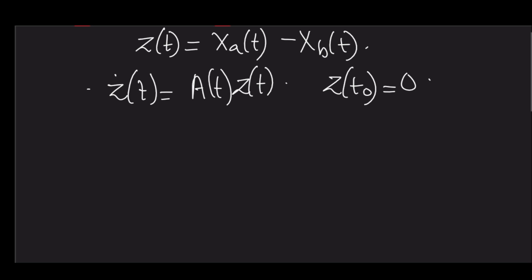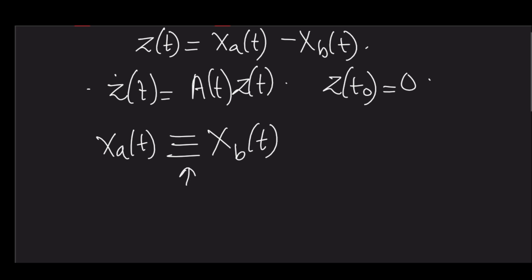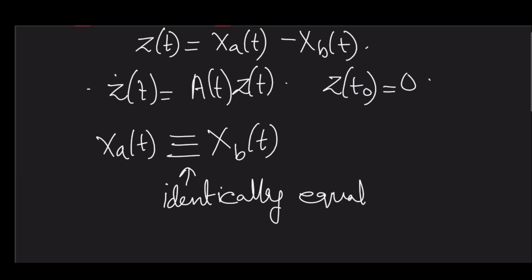Now see, what is our objective of having this equation? This implies how we can prove that the two solutions XA(t) and XB(t) are identical. Here, how can we ensure it?